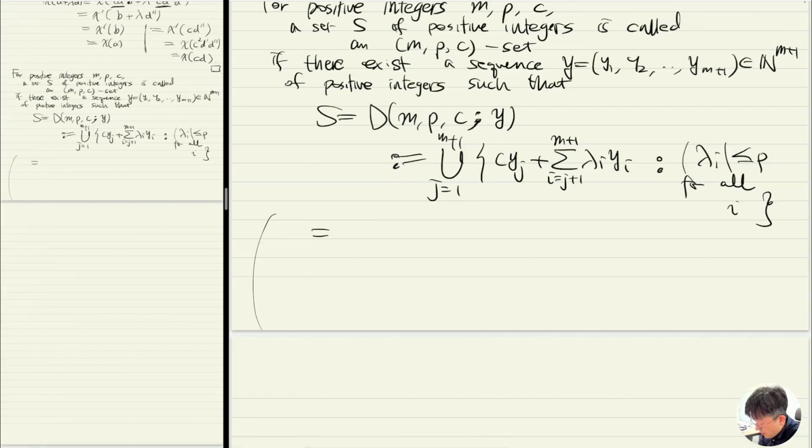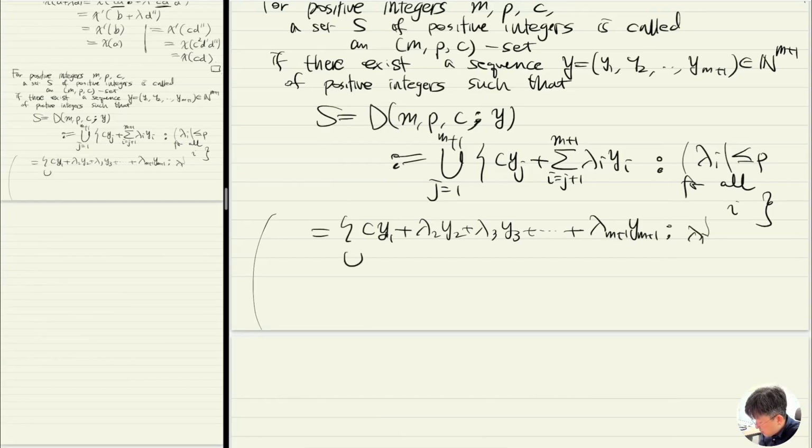When j is 1, it's going to be cy1 plus lambda 2 y2 plus lambda 3 y3 up to lambda m plus 1 ym plus 1, all numbers like that, where lambda i is at most p.